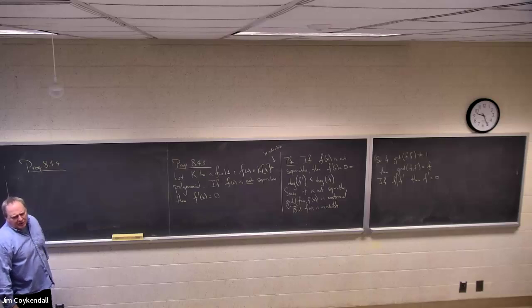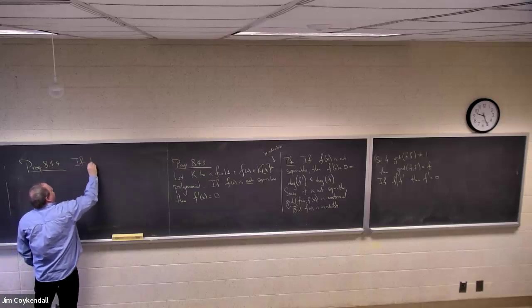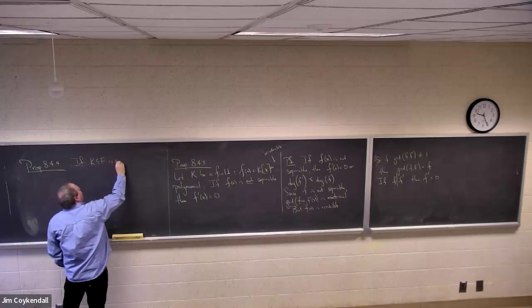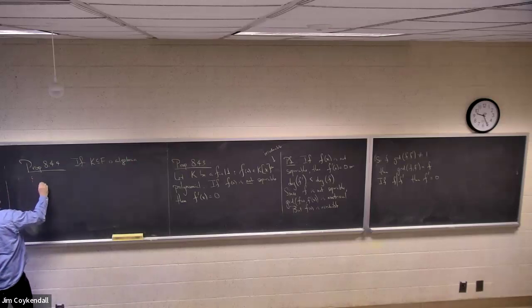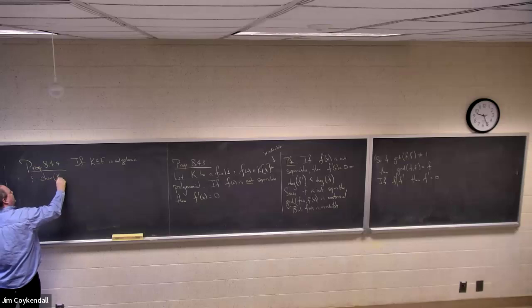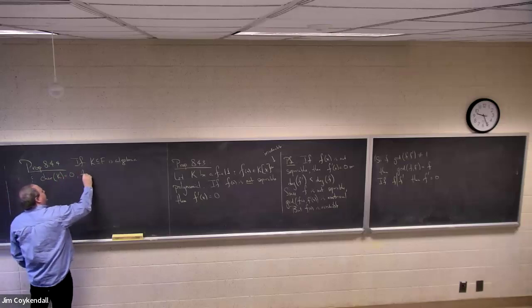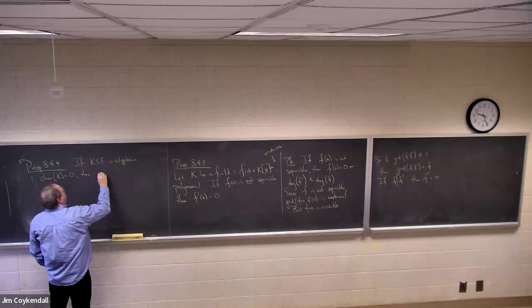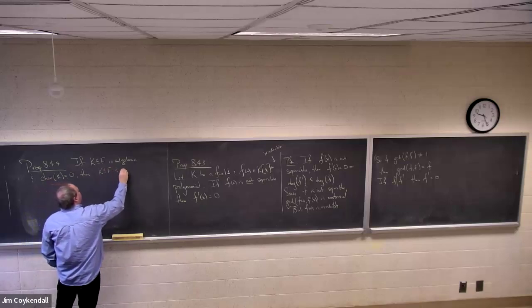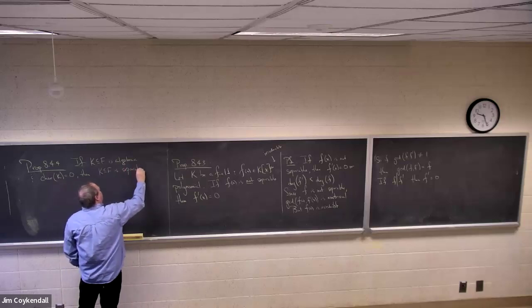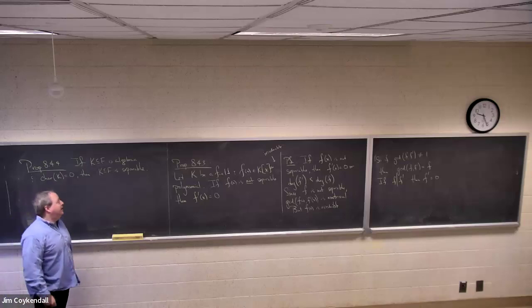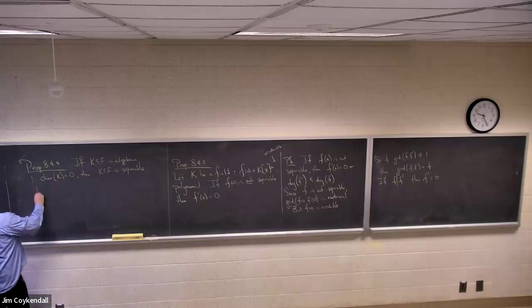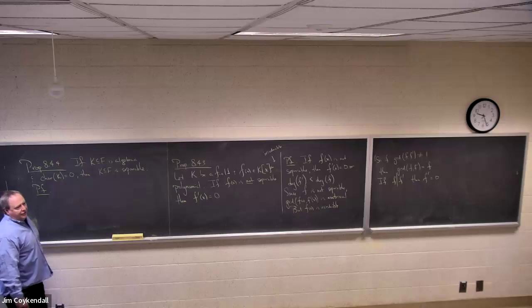So this gives the following exciting spin-off, which I promised to you before. If K inside F is algebraic and the characteristic of K is zero, then K inside F is separable. So if your characteristic is zero, then any algebraic extension is automatically separable.